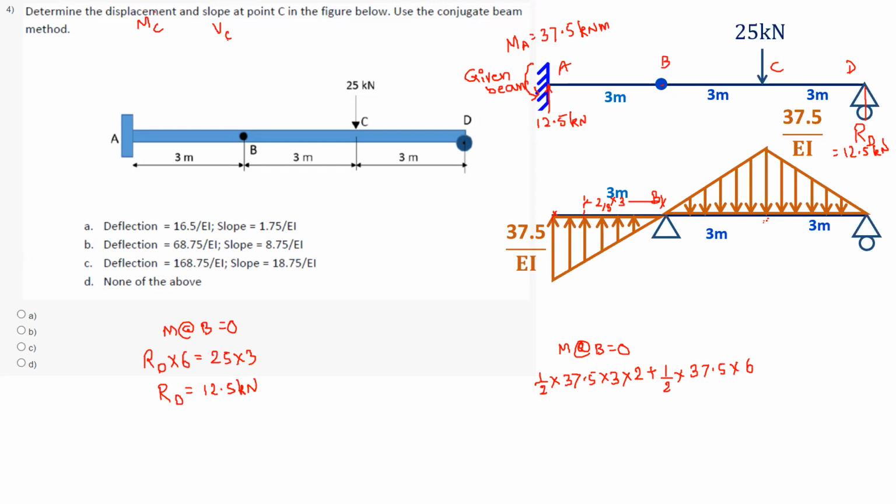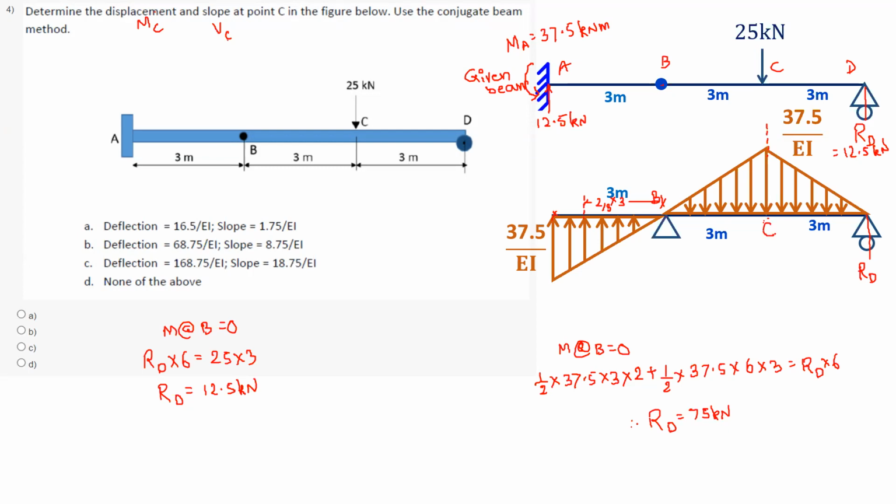It acts at the center, so the total load will act at the center, so it will be into 3. And bending moment due to RD again, that will be RD into 6. From this we get the value of RD, which equals 37.5 into 3 plus 37.5 into 9, divided by 6. So it comes to 75. So RD is 75 kilonewtons.